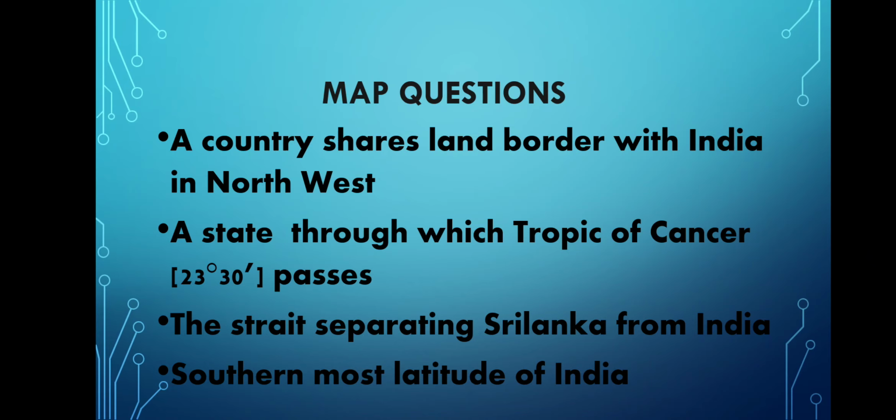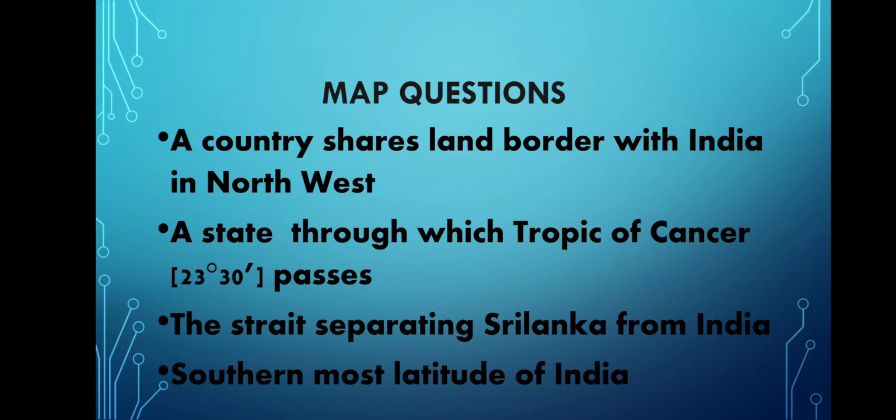Just now I have discussed the 8 states through which the Tropic of Cancer passes. If this type of question comes in the examination, you will just write the name of one state. If it is asked to write the name of one state or two states or three states, according to that you will write it down as well as mark that state. Then a strait separating Sri Lanka from India. I have also discussed this in the previous slide.